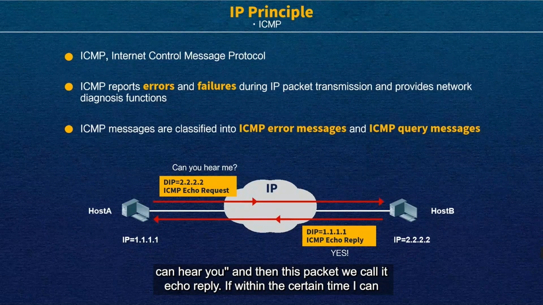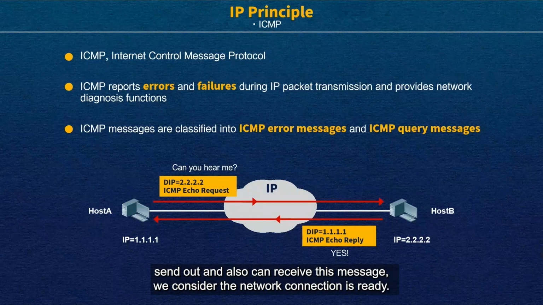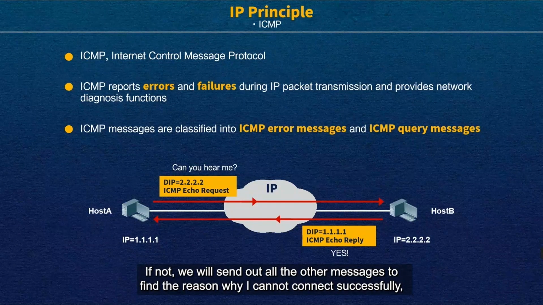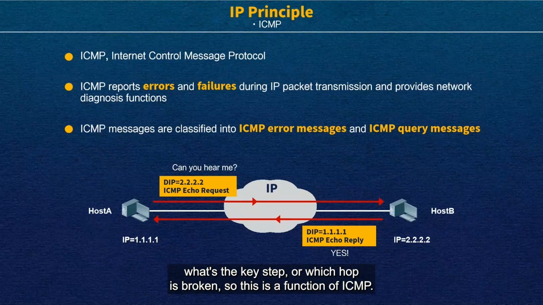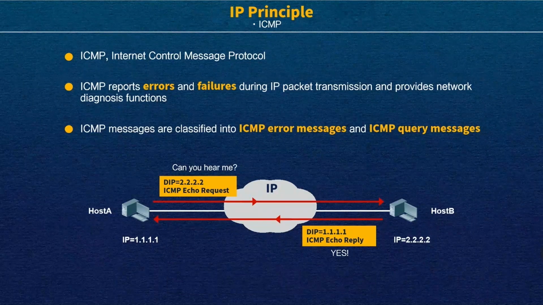If within a certain time I can send out the request and also receive the reply, we say the network connection is ready. If not, we will use other tools to find the reason why it cannot, and which key hop is broken. So this is the function of ICMP.